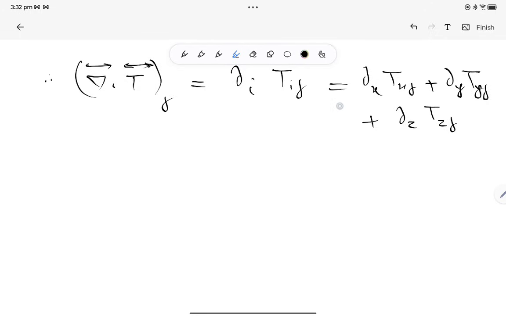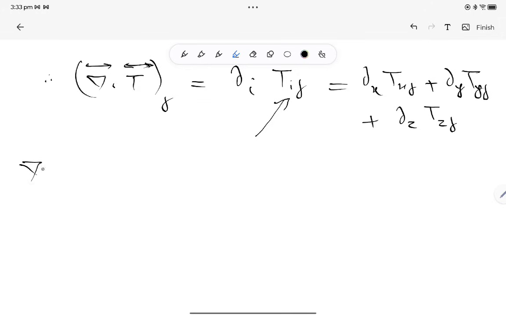As you see, for the jth component, j remains constant. And this del simply means del by del x. So in order to evaluate this, we have to substitute the value of Tij here.